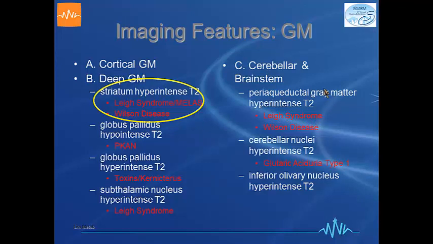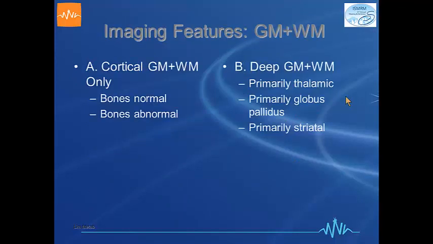And in the cerebellum and brainstem, bear in mind that many of the conditions that are listed on the left-hand column can also appear and give rise to some abnormalities, which may be helpful in distinguishing them, particularly in the brainstem, such as the periaqueductal gray, involving much of the Leigh disease.